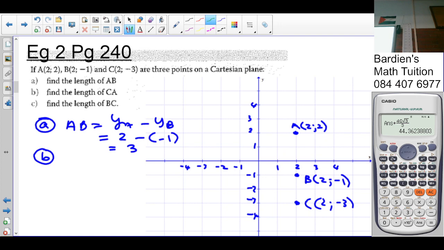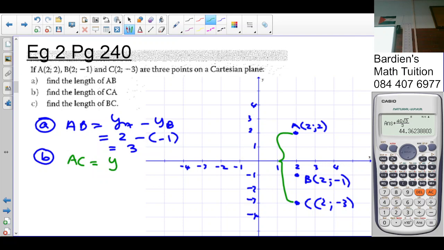Let's look at B, find the length of CA. So I'm going to find the length of CA or AC. It's going to be the top one minus the bottom, the greater minus the smaller, not so?